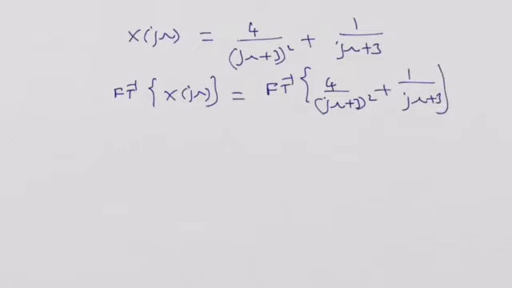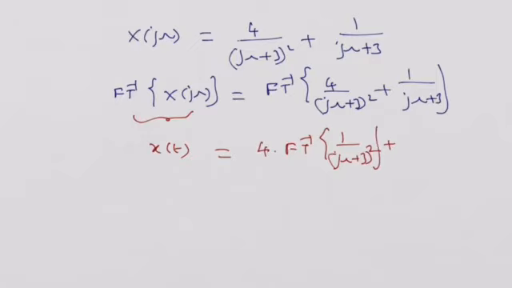correct? When we apply the inverse Fourier transform on X of j omega, it results in x of t, whereas the inverse Fourier transform of 4 divided by (j omega plus 3) the whole square should be considered as 4 into the inverse Fourier transform of 1 divided by (j omega plus 3) the whole square, plus the inverse Fourier transform of 1 divided by (j omega plus 3).